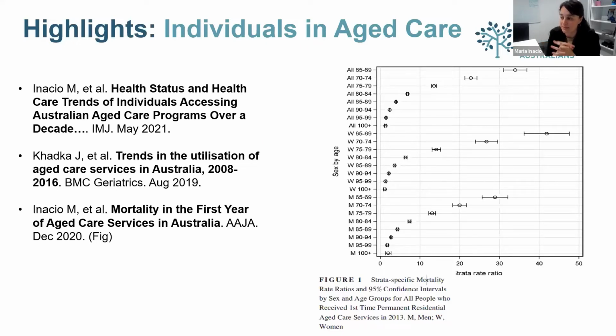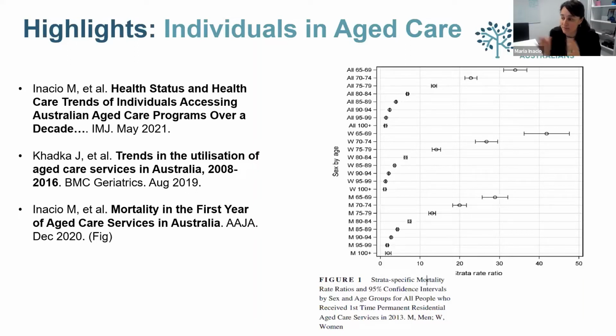And the figure that I show you here in the slide is looking at the standardized mortality ratio of individuals in the first year after they've entered care, and particularly here it is residential care, in comparison to a comparable age and gender matched cohort in the general population.